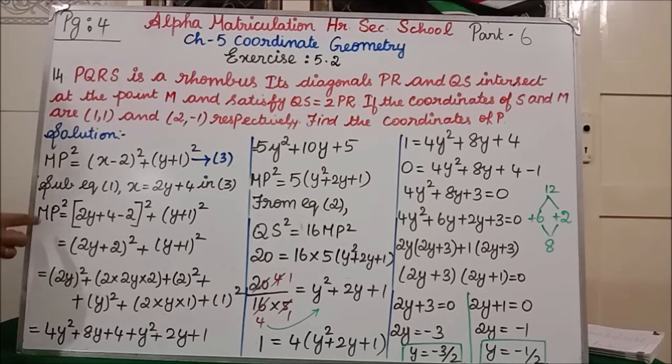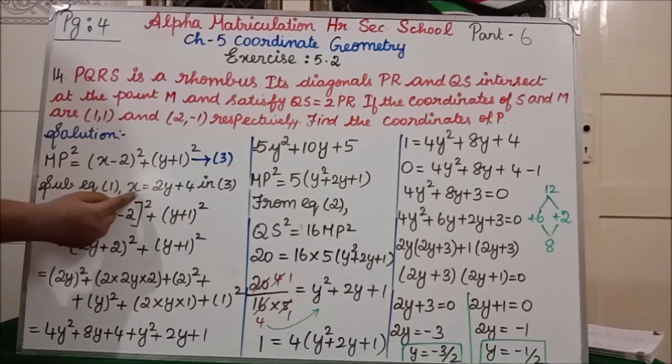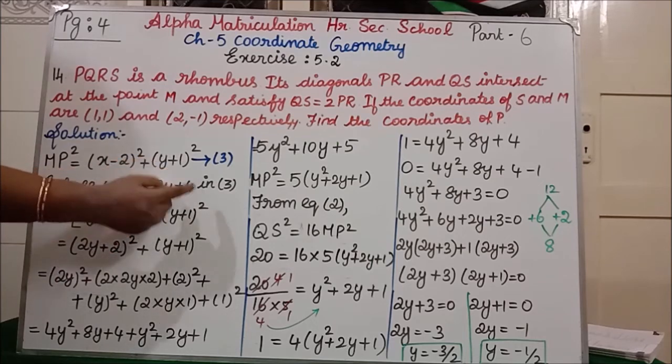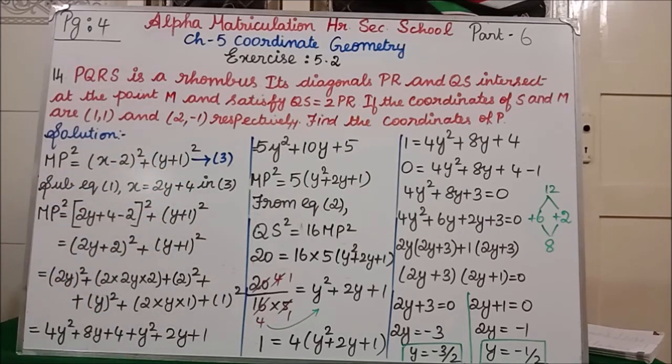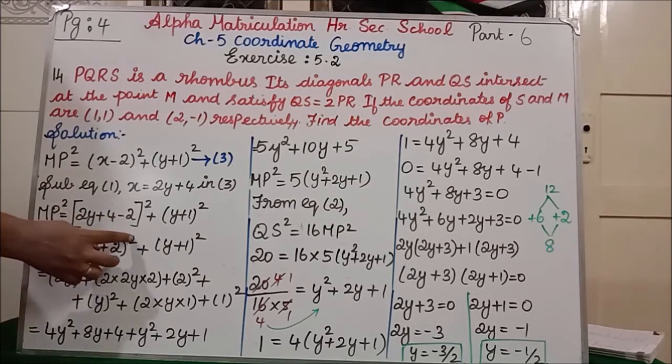Clear? So now MP square I am writing as such equal to, instead of this x, what value are we having? 2y plus 4 minus 2 the whole square. Similarly this I am writing as such. Clear? Next if you see, 2y, 4 minus 2 is 2, whole square, plus y plus 1 the whole square.